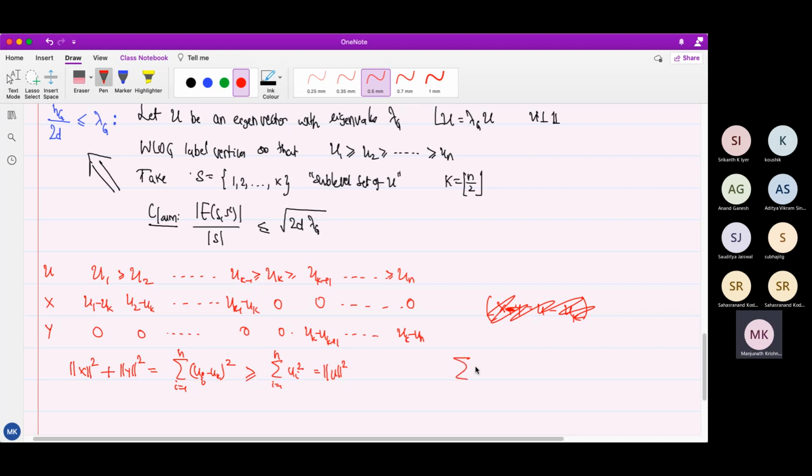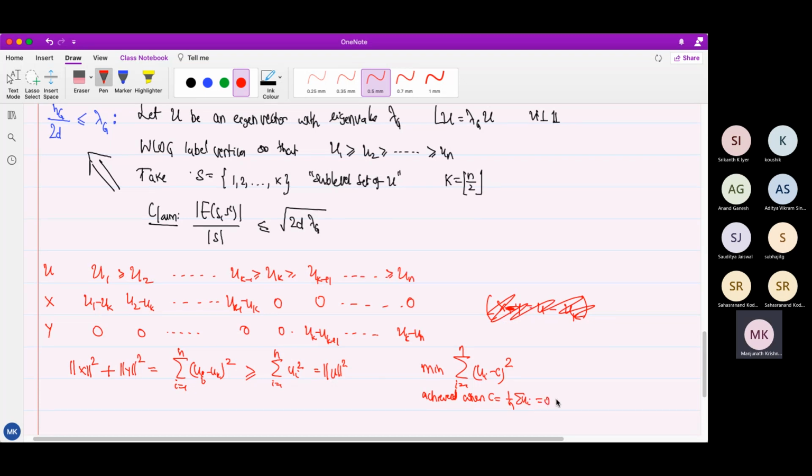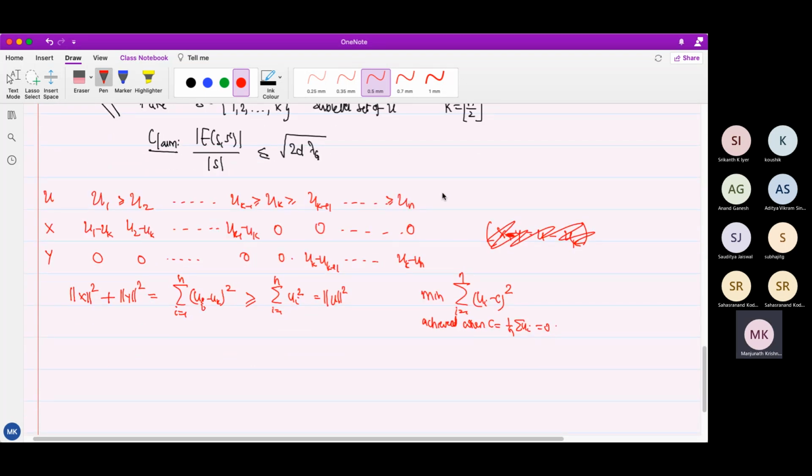So UI minus C squared is minimal when C is the average of the UIs, which in this case is 0 because U is orthogonal to the constant vector. Therefore, this goes the right way.